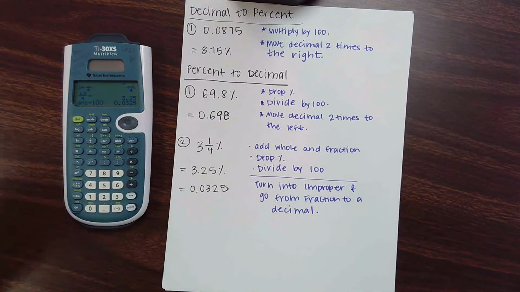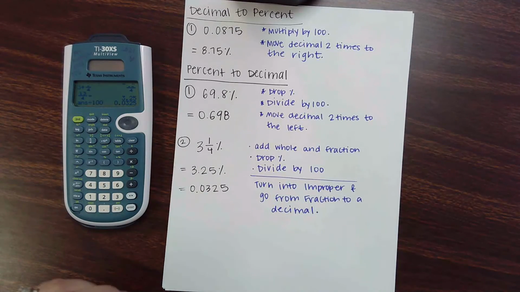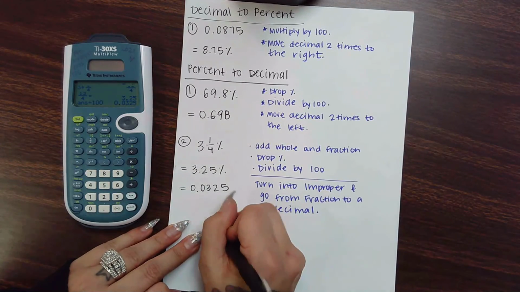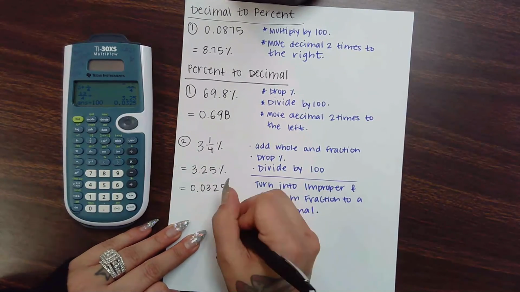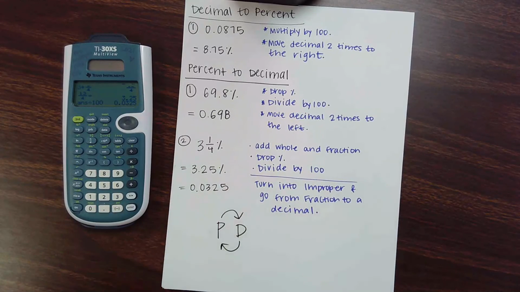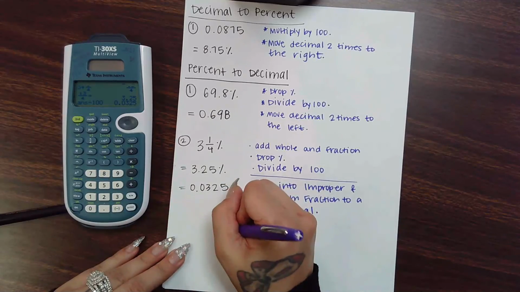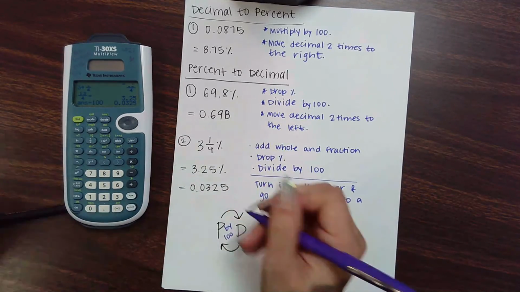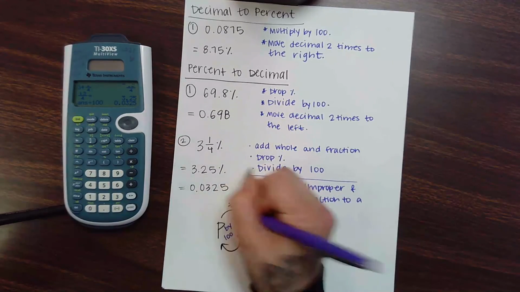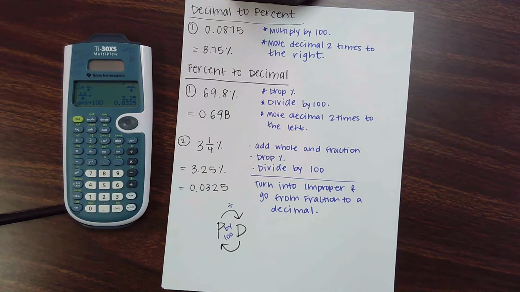Now, something that I would write on maybe a note card for the test, because this is the main one, going from percent to decimal or decimal into percent. Each time we use 100. Percent to decimal, what we do is we divide, and decimal to percent, what we do is we multiply.